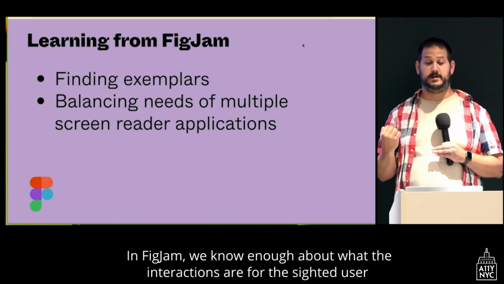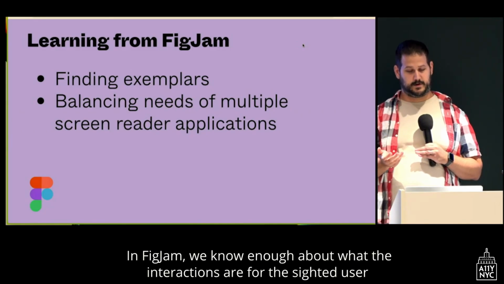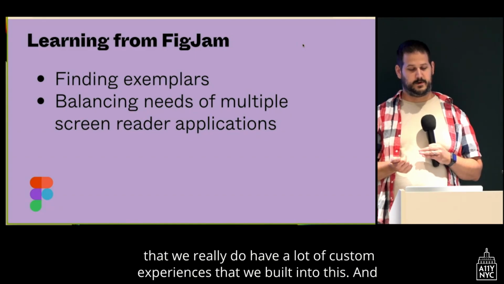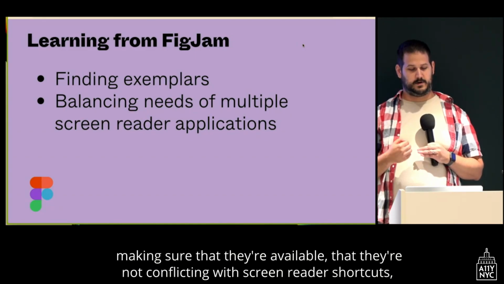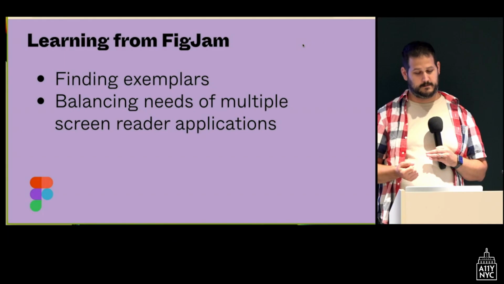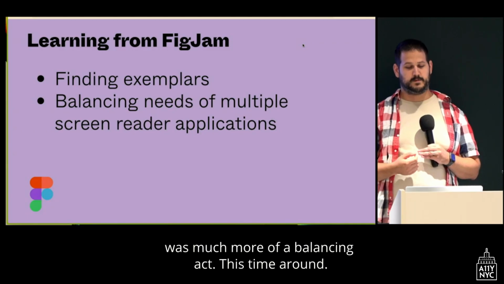In FigJam, we know enough about what the interactions are for the sighted user that we really do have a lot of custom experiences that we built into this, and making sure that they're available, that they're not conflicting with screen reader shortcuts, that they behave acceptably in every platform that we're trying to support, was much more of a balancing act this time around.